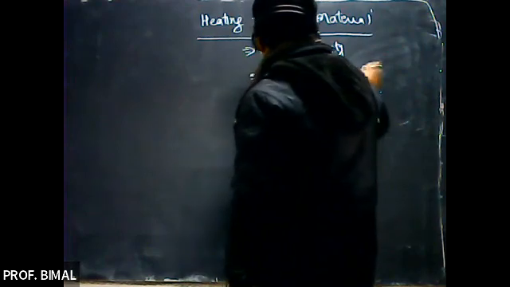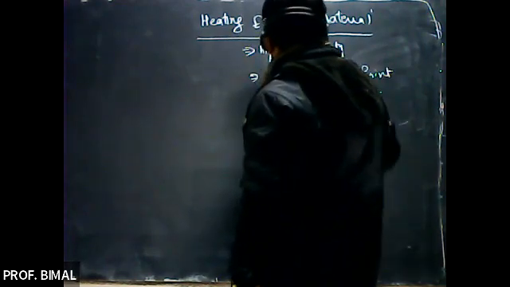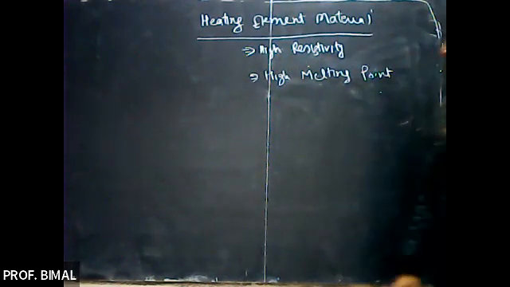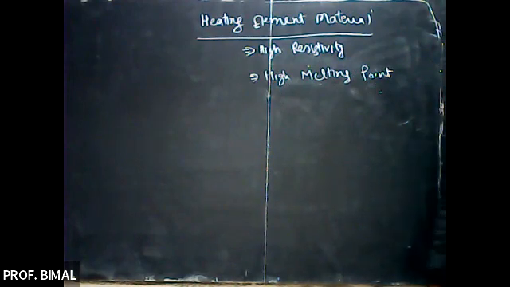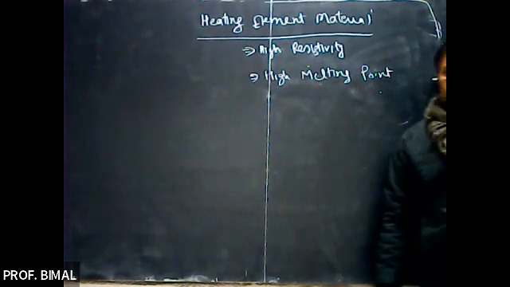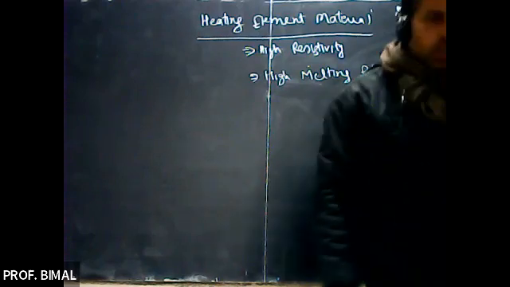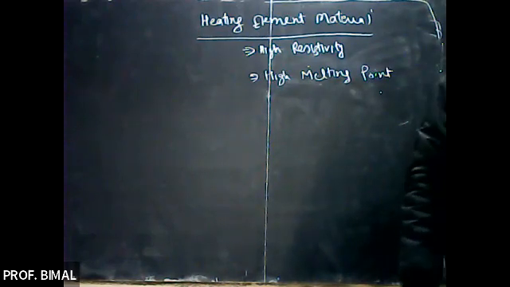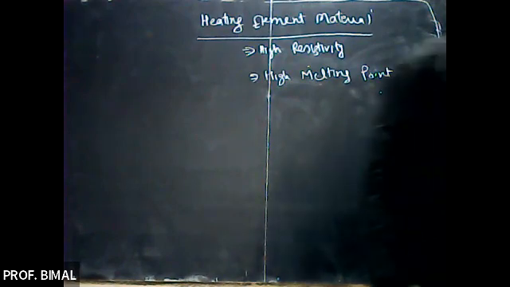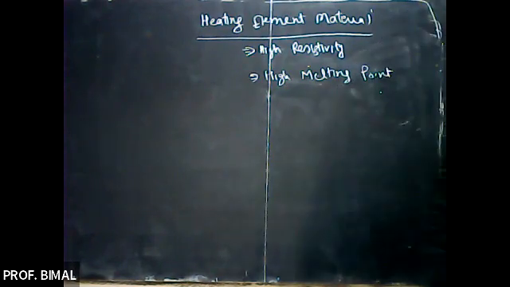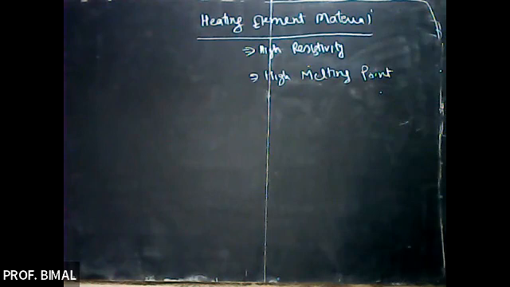Any material which will be used as a heating element must have a high melting temperature. Why is it so? Because with the help of that heating element, I am going to heat maybe up to 1000 degrees C, or maybe up to 2000 degrees C, or maybe more than that.